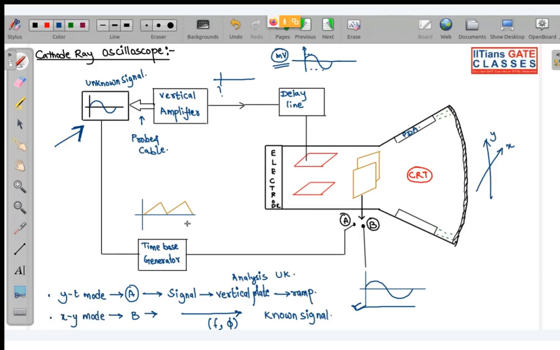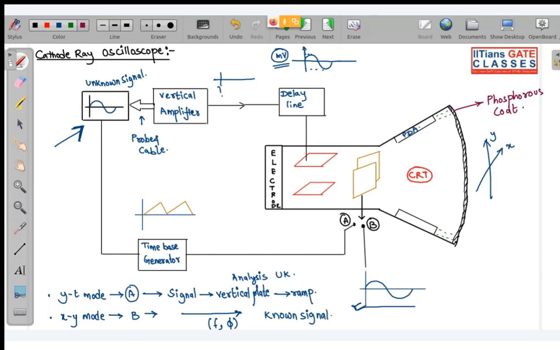Next point, a thick phosphorus coating. Where is this phosphorus coating? Just a second. So this is your screen.